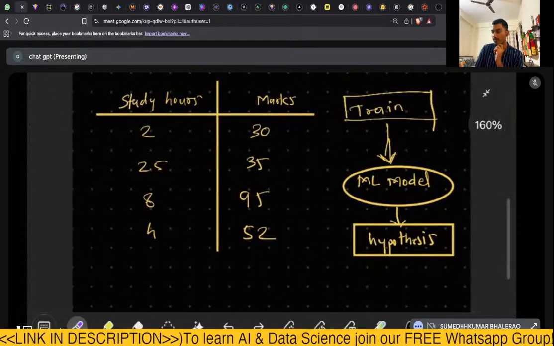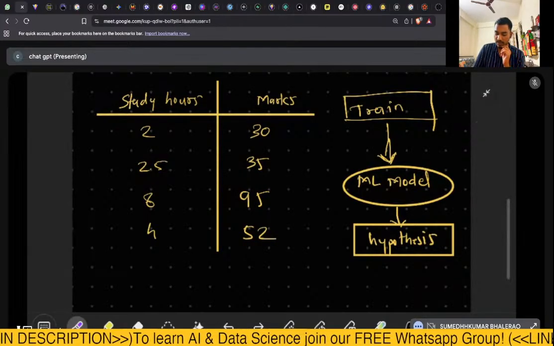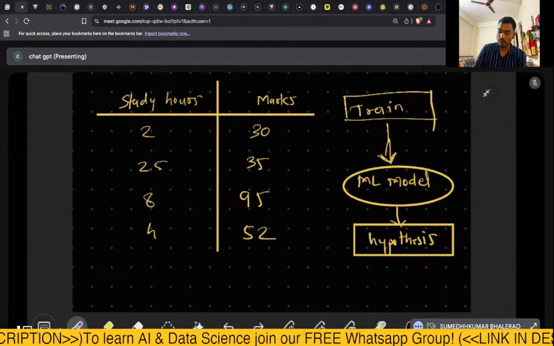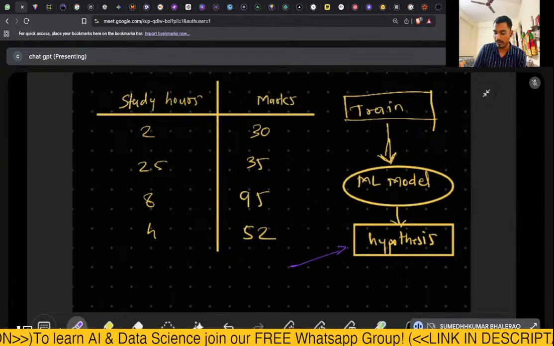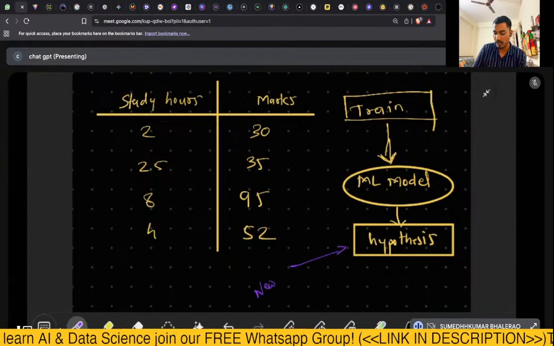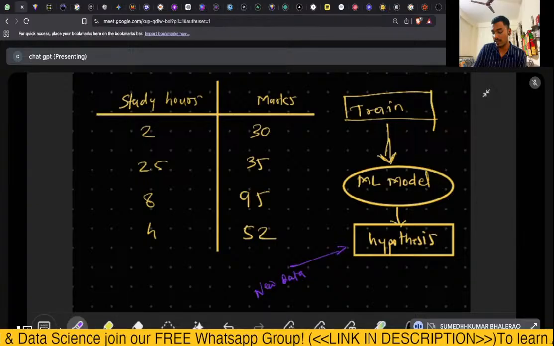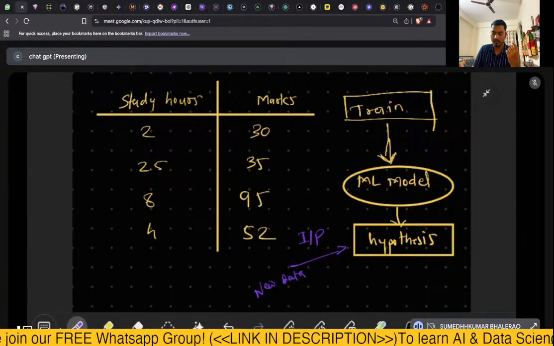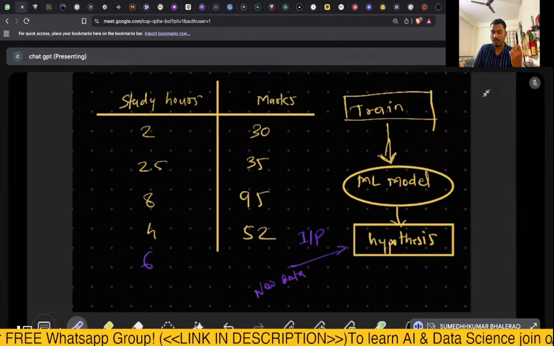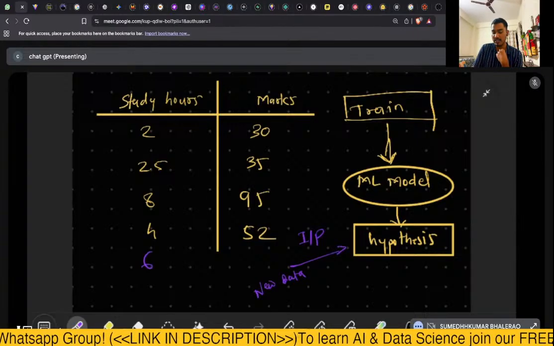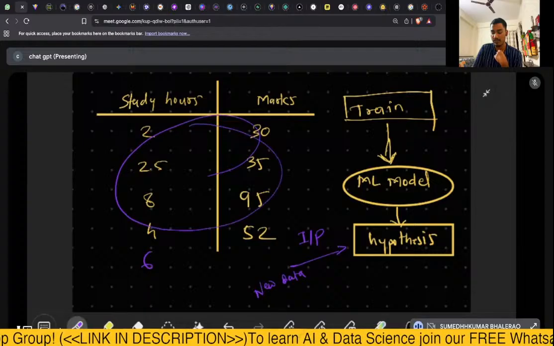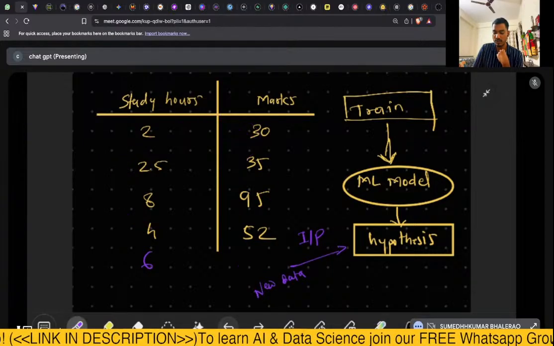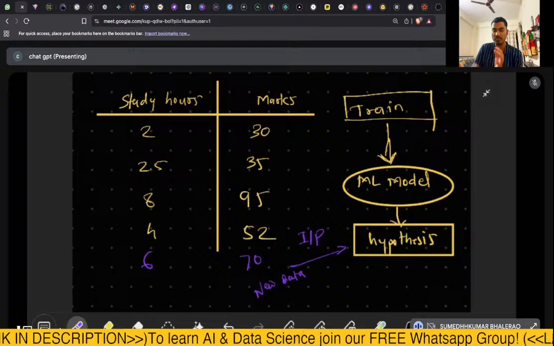So now, whenever you insert some new data, let's say there is an input of some random number like maybe 6 hours, then by this learning it should predict some value, like 70 marks, something related.